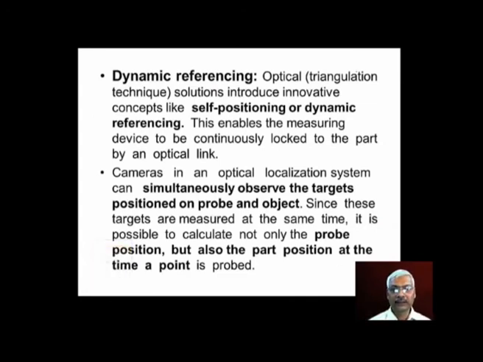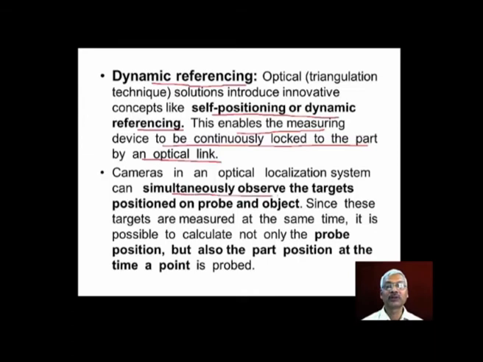Now, the optical triangulation technique is used for dynamic referencing. This is required for self-positioning or dynamic referencing of the workpiece and the probe system. This dynamic referencing enables the measuring device to be continuously locked to the part by an optical link. Cameras in the optical localization system can simultaneously observe the targets positioned on the probe and object.